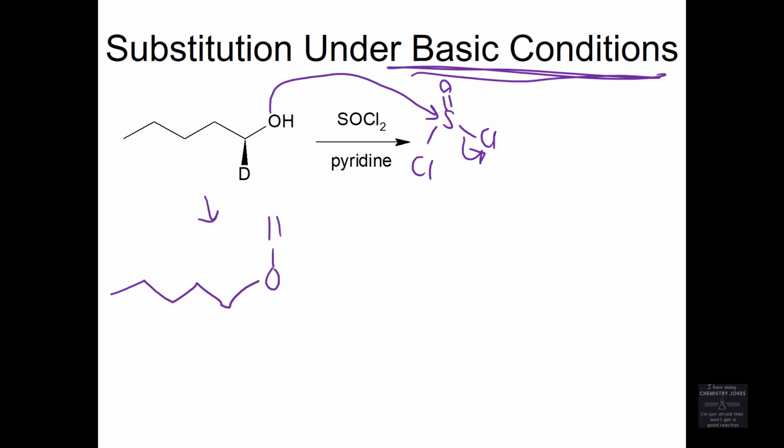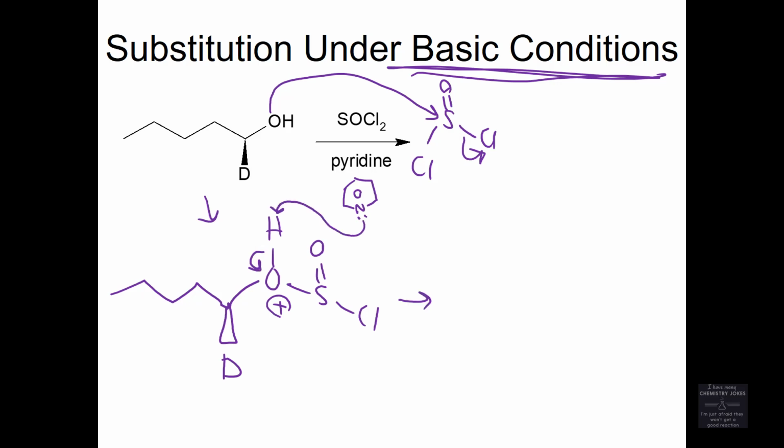We get this: sulfur, oxygen, chlorine, positive. Nothing happened at that carbon, so that deuterium stays wedged, at least so far. And what is pyridine? Pyridine is a weak base. So you use that weak base to clean up the hydrogen on the alcohol OH that you attacked.